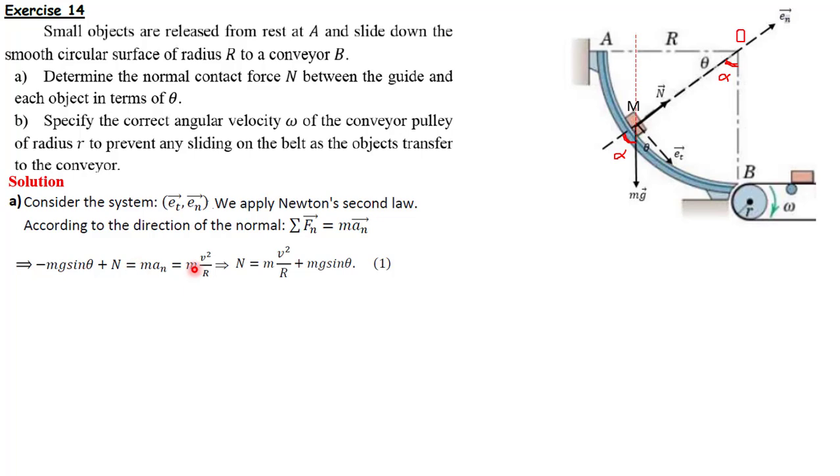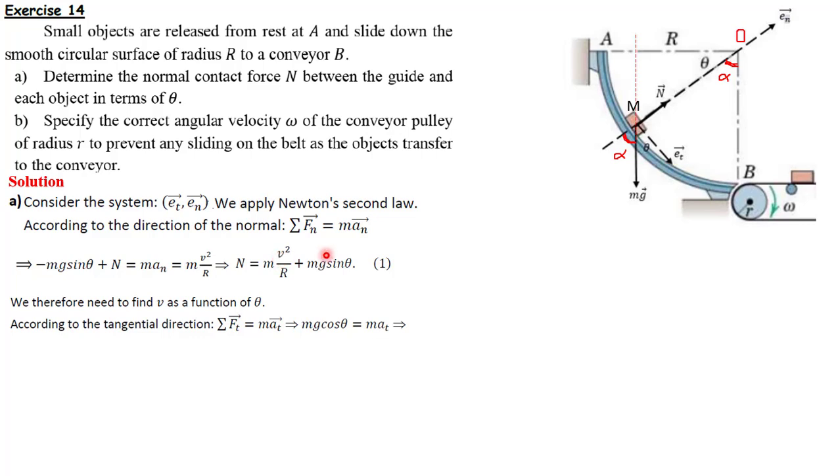So N is equal to m v squared over r plus mg sine theta. So mg and sine theta are well known. The radius is also known, but we don't know what is the speed of the mass at any point on this circular surface. So we need to find what is v.